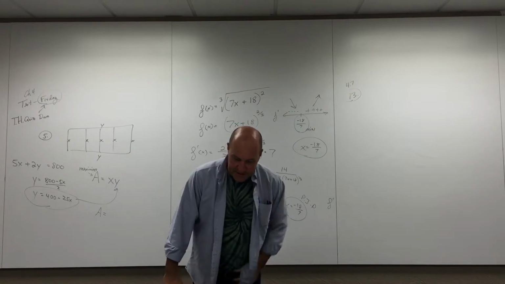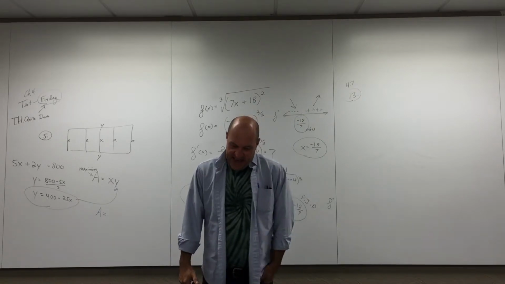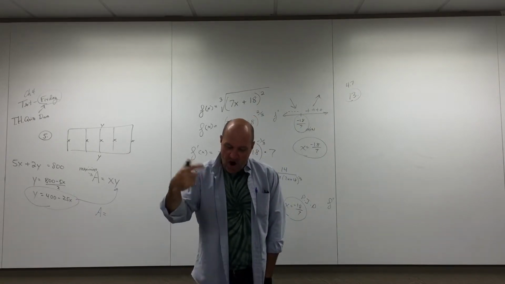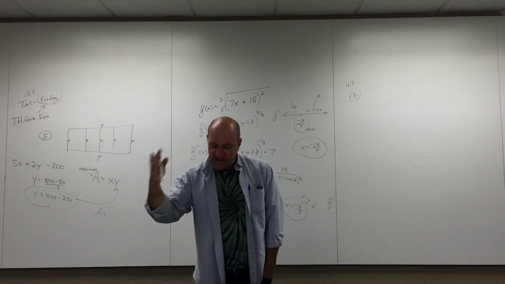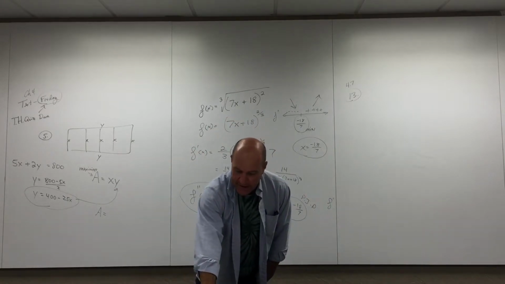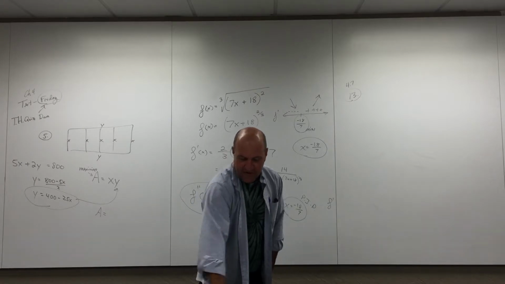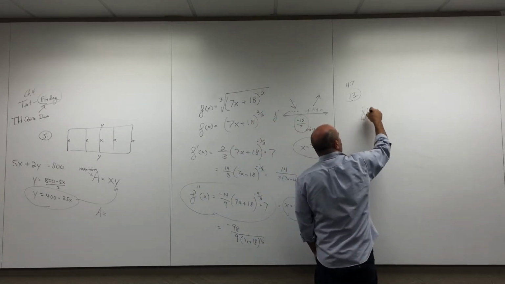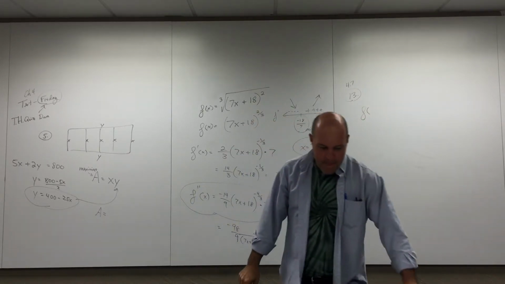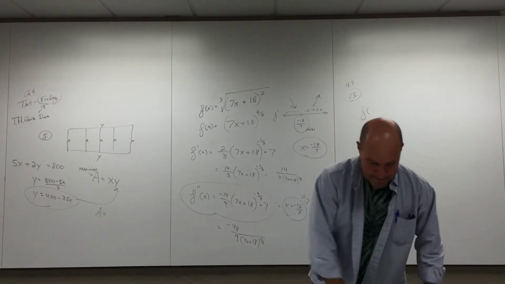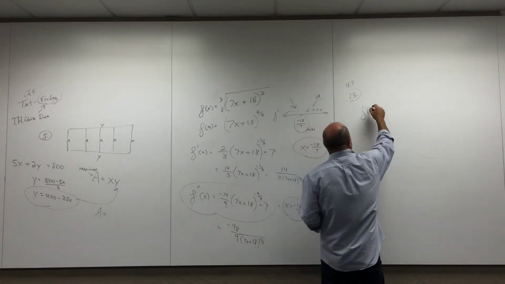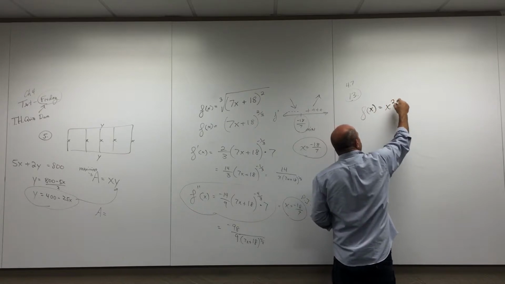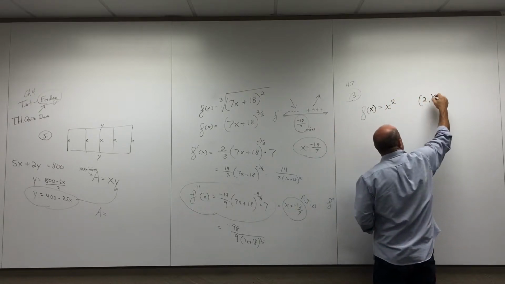4.7, number 13, says find the point on the graph of this function that's closest to the given point. The function is f of x equals x squared. They also give me a point.